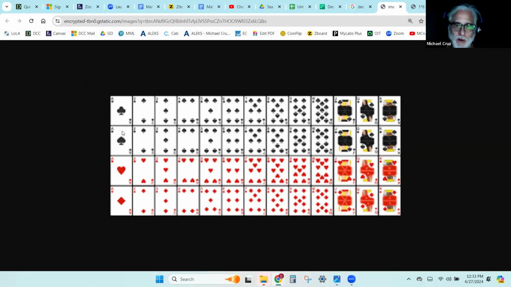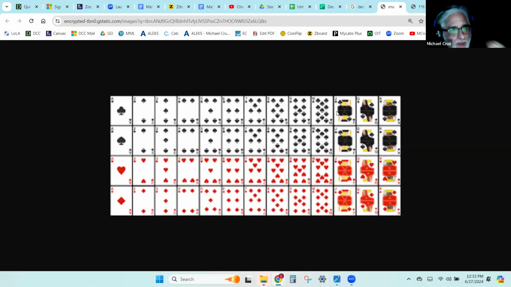The two black ones are spade and club. And each one of those suits has an ace, so there's four aces, four twos, four threes, and so forth, all the way up to 10. So up to this point, we've got 10 cards times four, so we've got 40 cards.